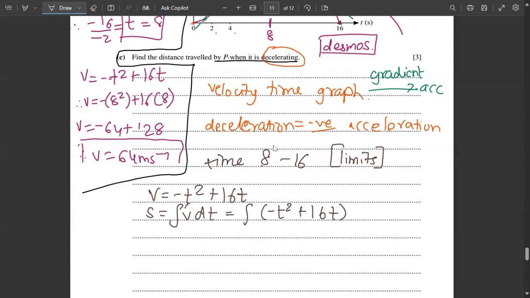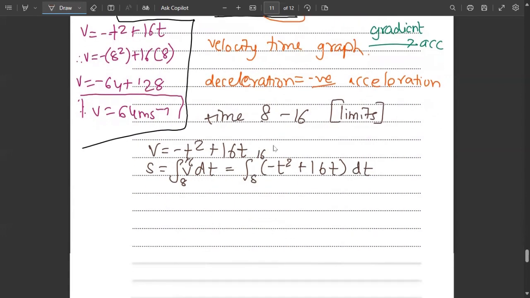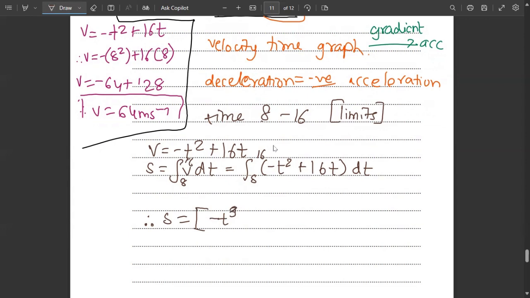Here the limits will be 16 seconds to 8 seconds, dt. Therefore, displacement is minus t cube upon 3 plus 16t square upon 2, with limits 16 and 8.